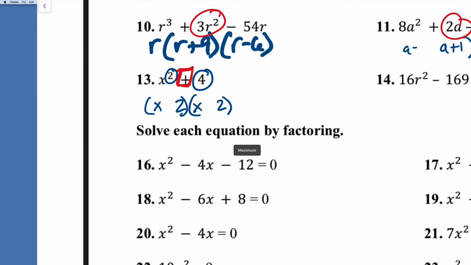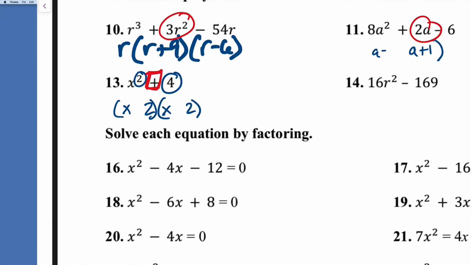But what happens when you don't have a middle term? The tricky thing is that this is a positive number, so to be missing a middle term, you have to have a plus minus sign. But that doesn't work out here because I have a plus sign. So that must mean that we might be dealing with complex numbers here.